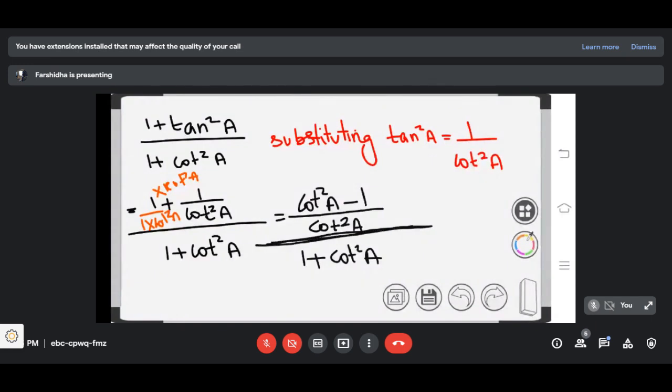So this is the main division sign. So 1 plus cot square A can be written as 1 plus cot square A by 1.